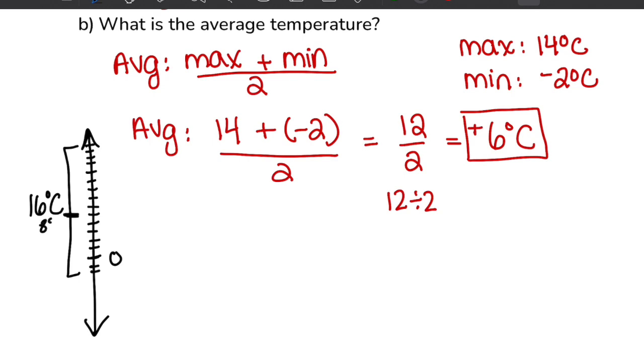So from here to here, this is 8 degrees, and from here to here, this is 8 degrees. So to find the average, we're going to just count down by 8. 1, 2, 3, 4, 5, 6, 7, 8. Here's the average. So what is that temperature? Well, let's count it from 0. Here's 0. 1, 2, 3, 4, 5, 6. The average is 6 degrees. Okay? So this is how we use temperature scales to calculate temperature differences and average temperatures.